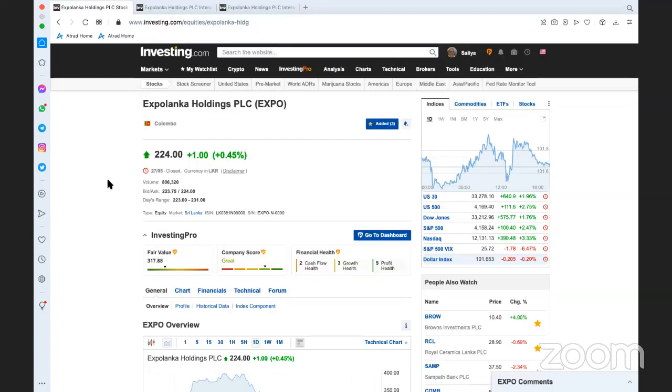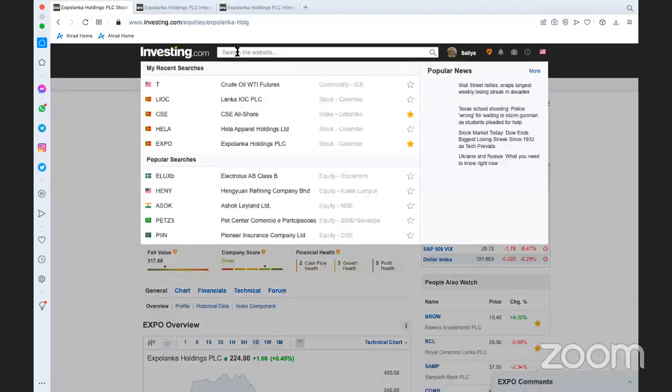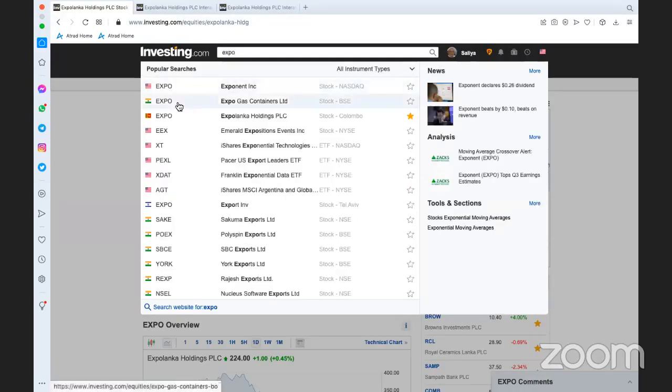Some people wanted to know how to log into investing.com, and that is why I have this screen, the main screen in investing.com. So you log into investing.com and you come to this main page. Then what we normally do is type a stock in the search bar, like what I have done, and we select that instrument.